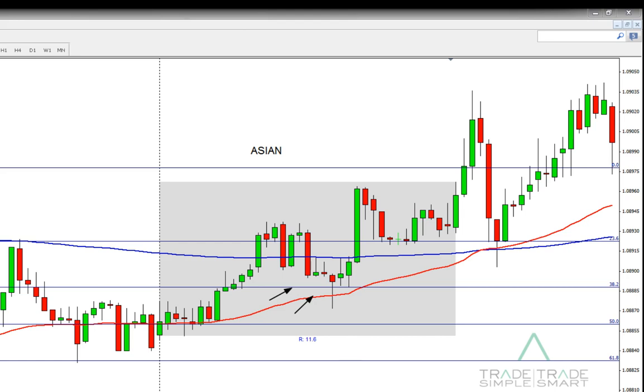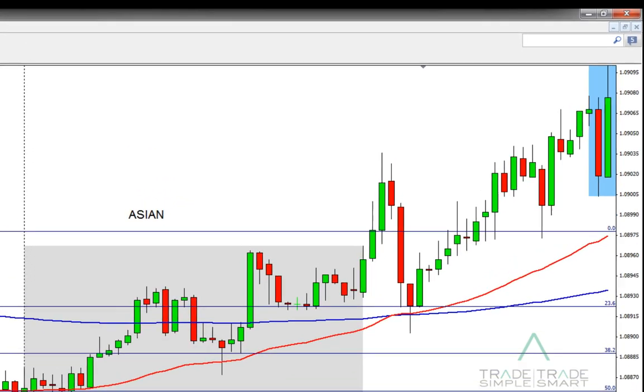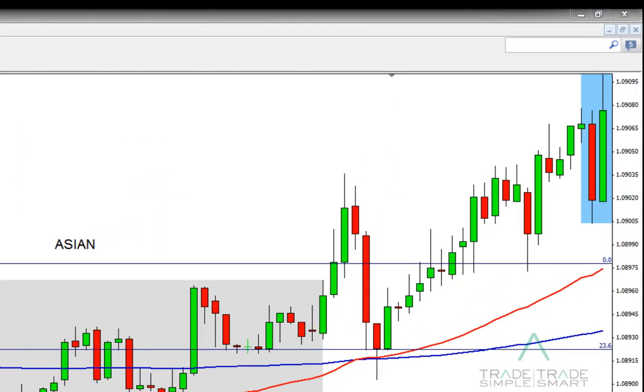Okay, so we have two technical levels which are taken out here, and then the same later on in the session, where we have the 0.236 and we have both the 50 and the 200 moving average.